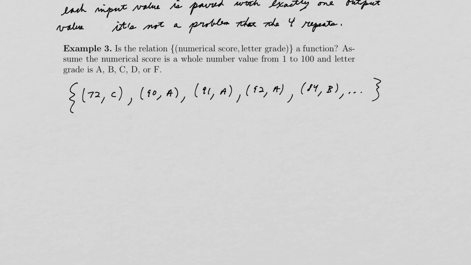Well, yeah, because the inputs don't repeat, right? 72, 90, these are all distinct. The outputs can repeat, that's fine, but each input is associated with exactly one output, right? The 90 is associated just with the A, the 91 just with an A, 92 just with an A, 84 just with a B. So yes, this is a function.